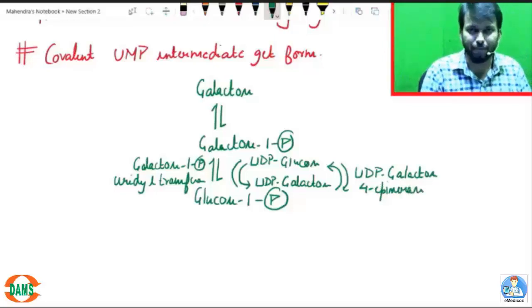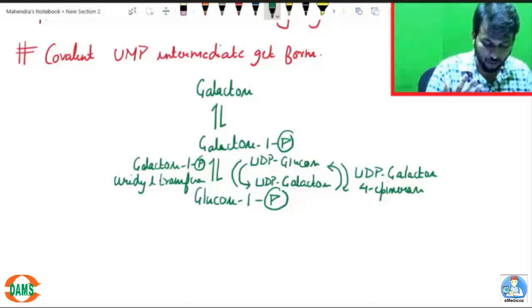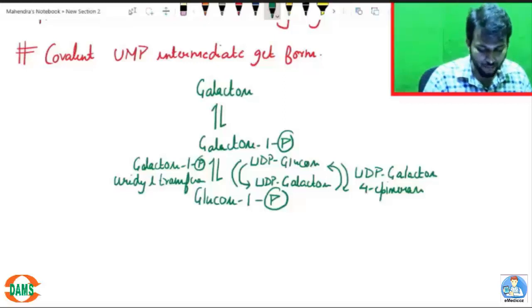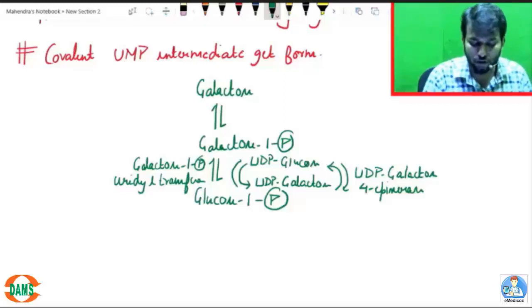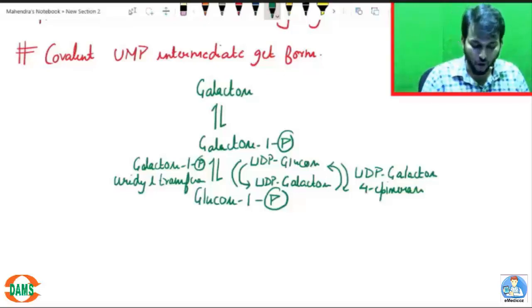This is the epimerase which is going to convert this reaction back from UDP galactose to UDP glucose. There is an enzyme which can convert this reaction so that glucose can arise from these UDP molecules, and galactose can be transferred to them.